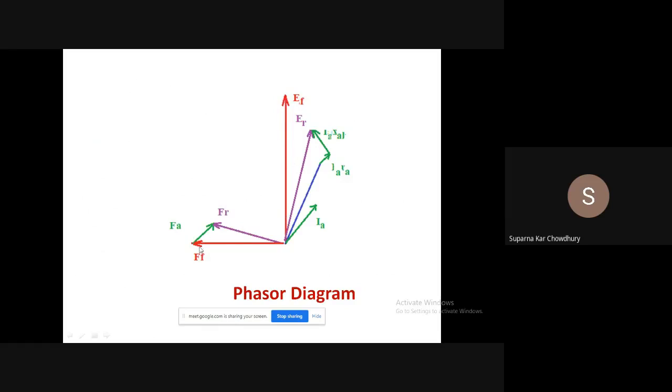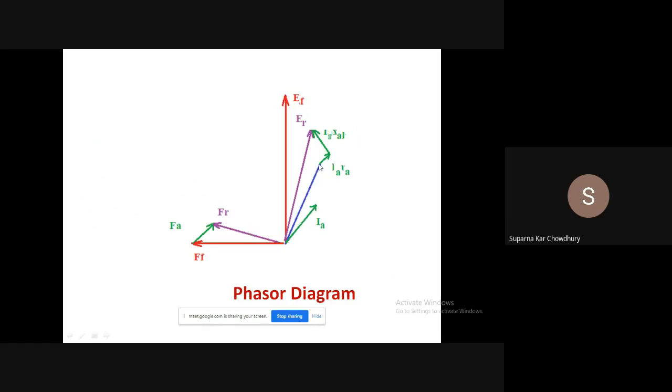Now, if this is the terminal voltage Vt, the armature winding has a resistance Ra and leakage reactance Xal. Due to the resistance, there will be an IaRa drop.